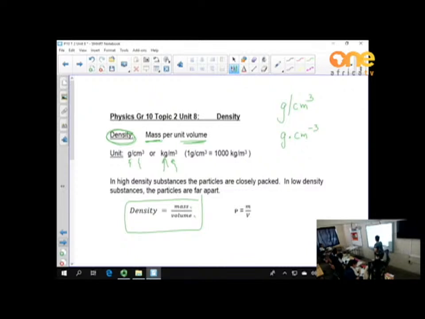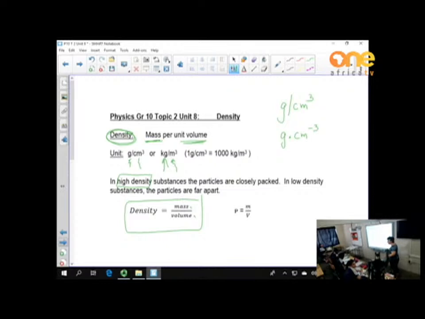An object that has a very high density, if we look at it in terms of the kinetic theory, it means there are many particles packed together. In our class, how many kids are you? 2, 4, 6, 8, 10, 12 kids. If I pushed 50 into this class, then the density would be very high, because there's lots of particles in the volume.